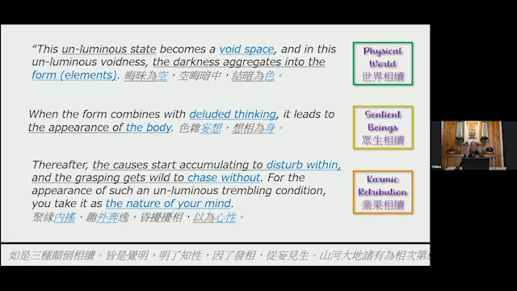And when the darkness aggregates into form, it explains in detail how our true mind grasps the idea of void space, the 4 elements, the deluded thinking, the body and all the mental activity. Now what we need to do is reverse it.